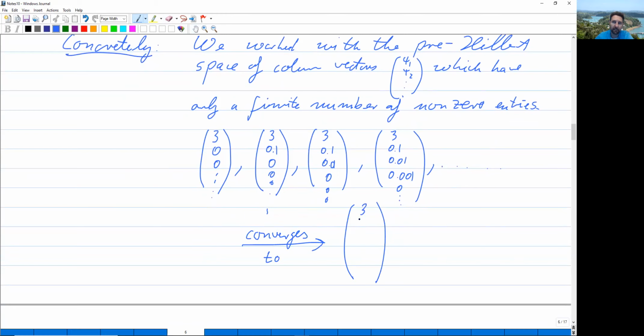It's just 3 and then 0.1, 0.01, 0.001, 0.0001, and so on. None of the entries are 0. All of the entries of this column vector are non-zero. And that's not a vector that is in our pre-Hilbert space, because the pre-Hilbert space consisted only of column vectors which had finitely many non-zero entries. So what we have to do, in order to obtain a Hilbert space, is to include this vector, to add it to our pre-Hilbert space.